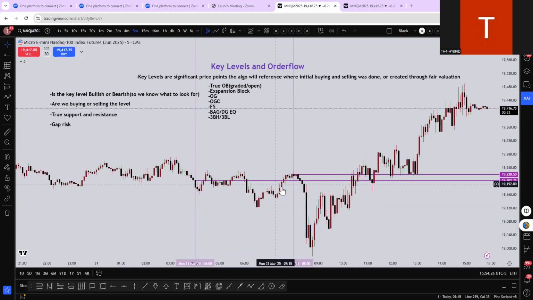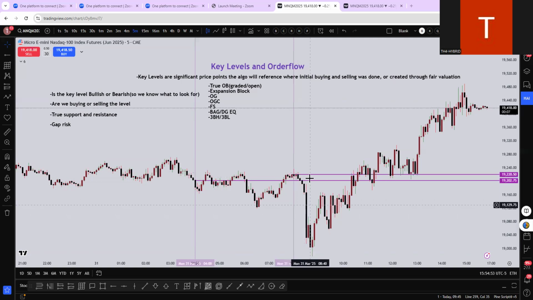On the other hand, when you have a significant price move or energetic price move, the origin of that sell or the origin of that buy is going to be a high probability key level, because that's where the initial orders were put in to push price in certain directions, especially if we're breaking structure, which is 3 candle swing highs and lows.